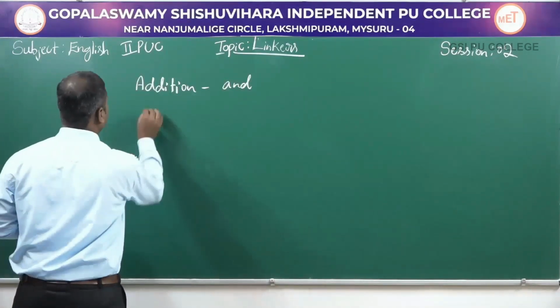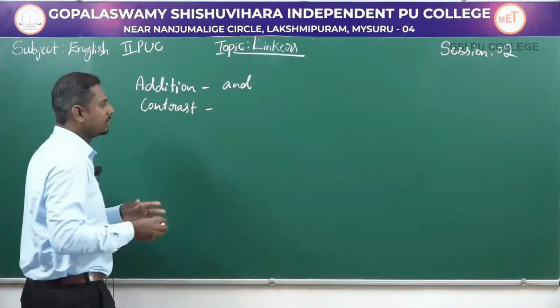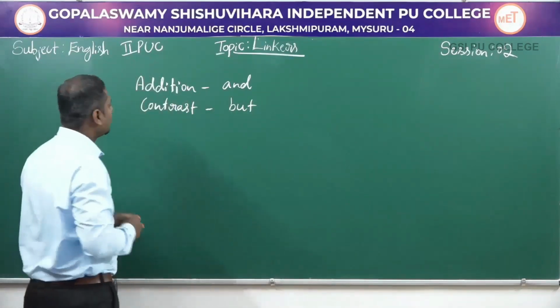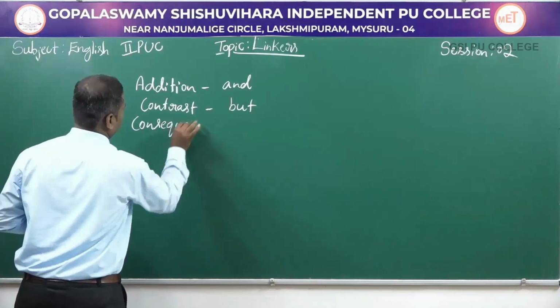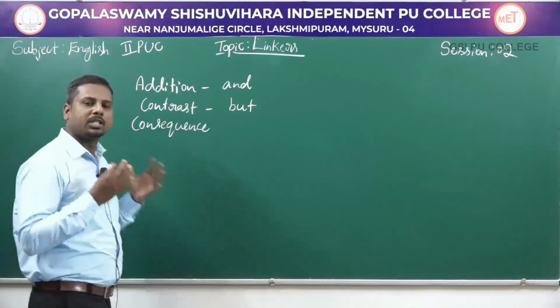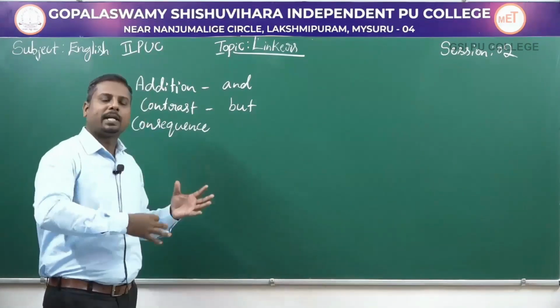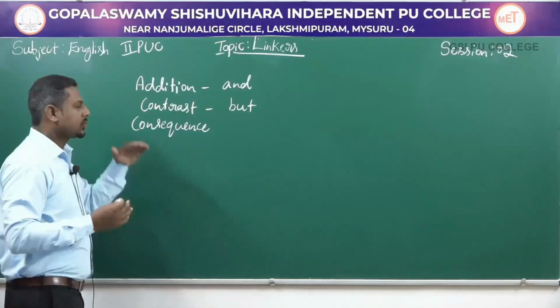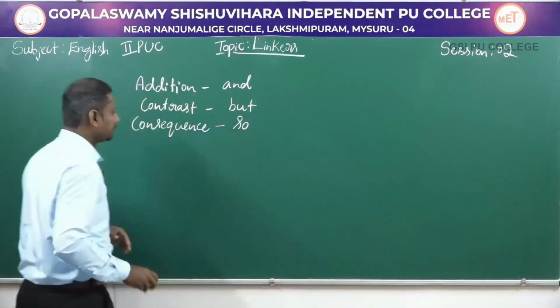We have linkers to express contrast, words like but. We have linkers to express consequence. Consequence is nothing but the result. Something has happened, what is the result of it or what is the outcome of it? So, we have linkers to express consequence, words like so.